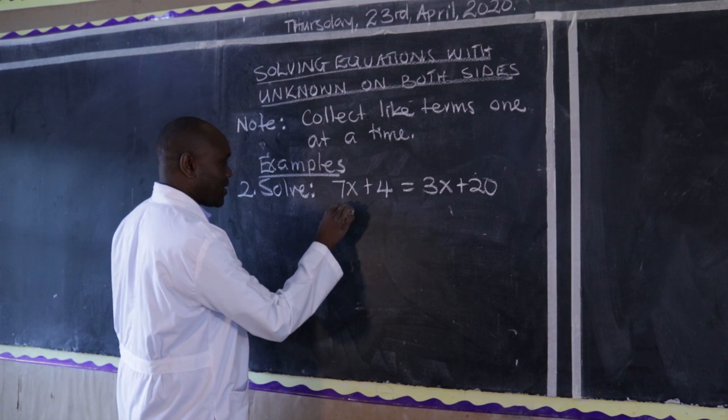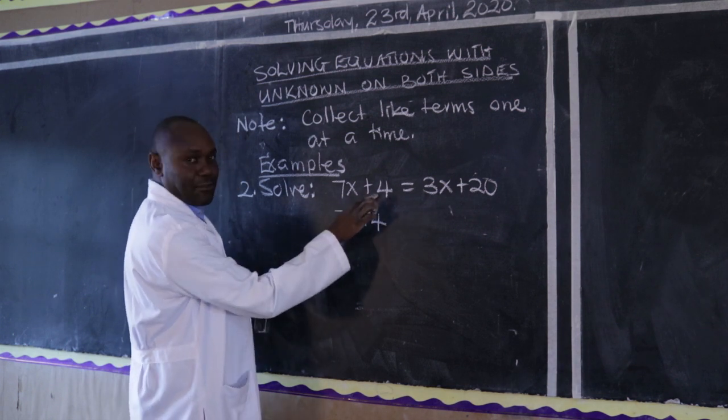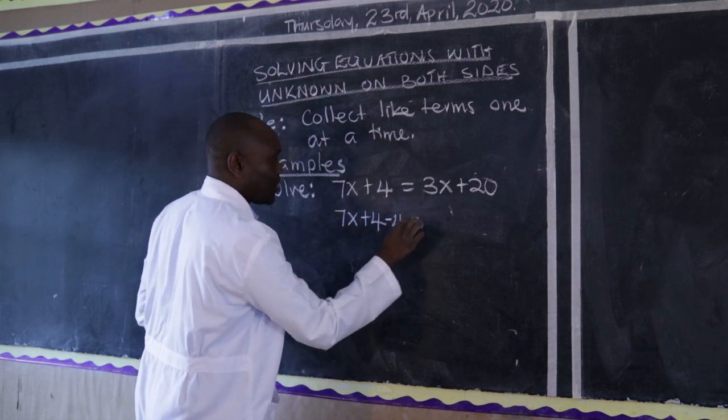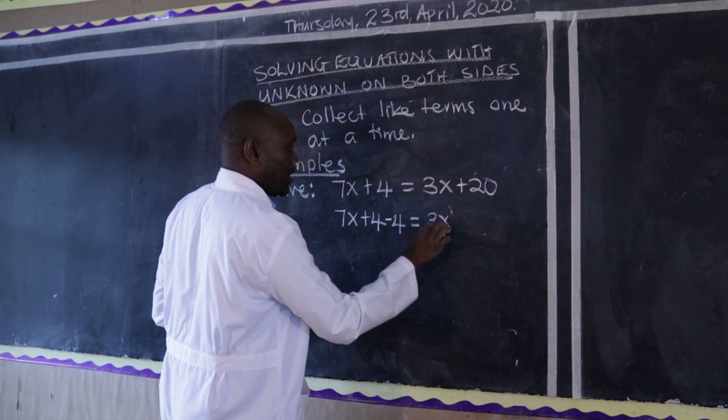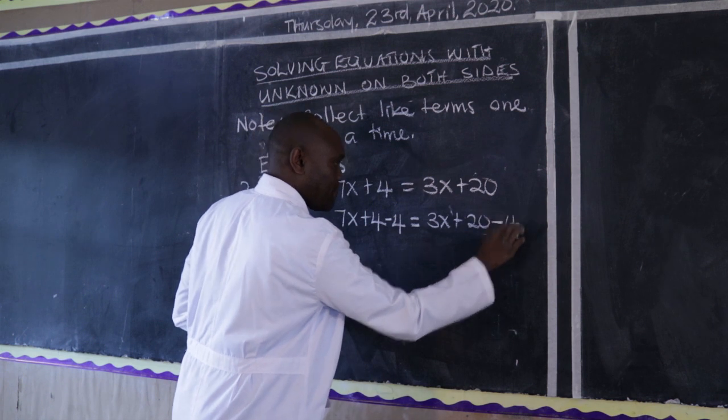So for them, they will be saying 7x plus 4. Remember what's the additive inverse of positive 4? Is negative 4, which is equals to 3x plus 20 minus 4.